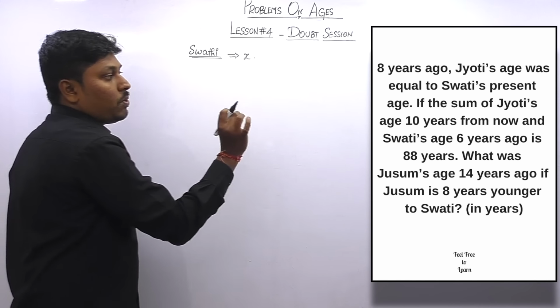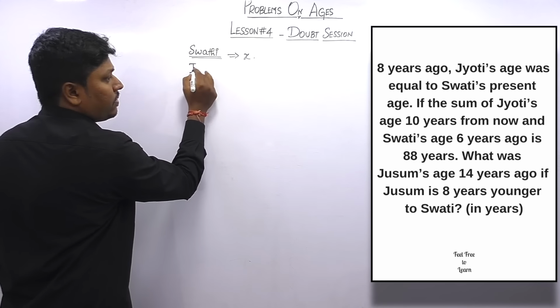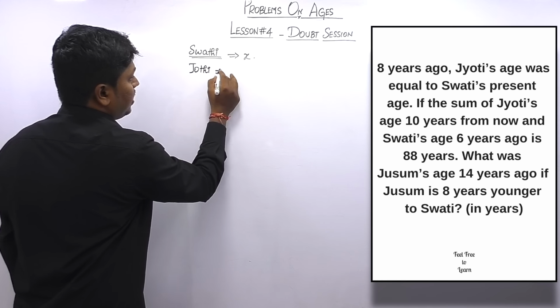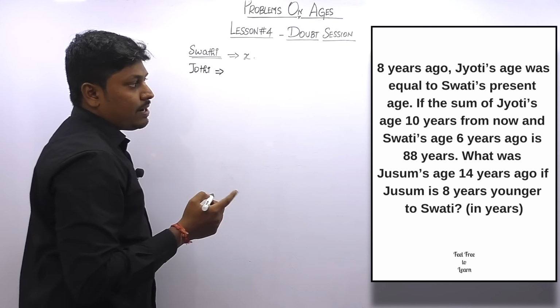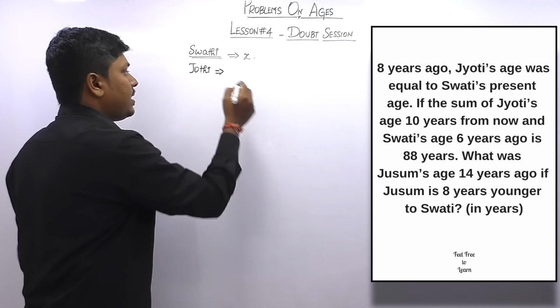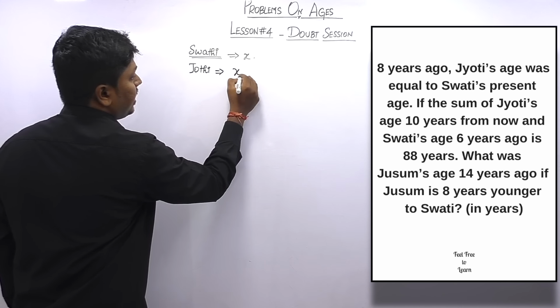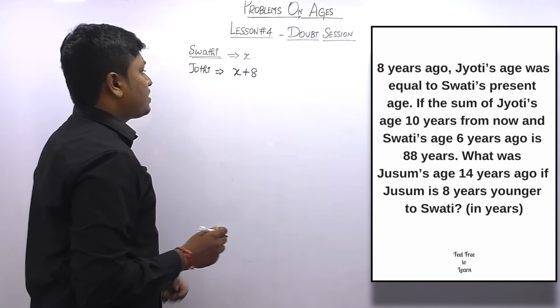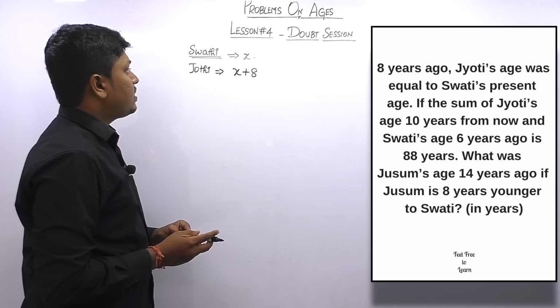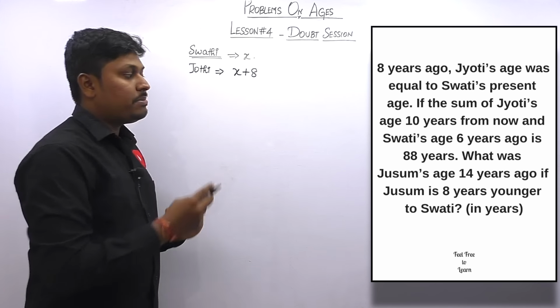So Jyoti's present age will be x plus 8, and the Swati present age that we assumed is x.